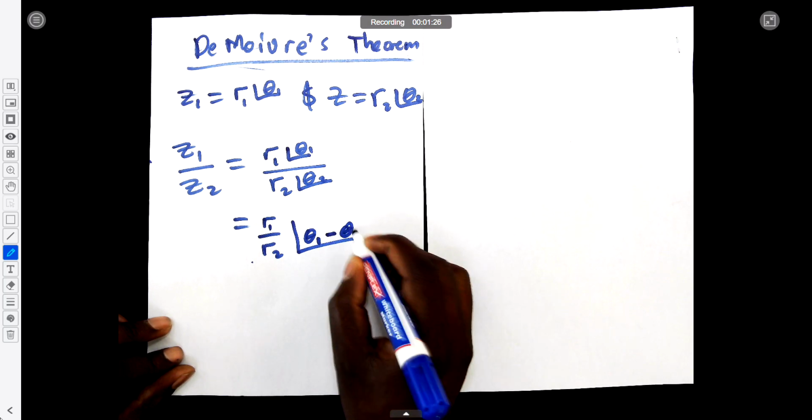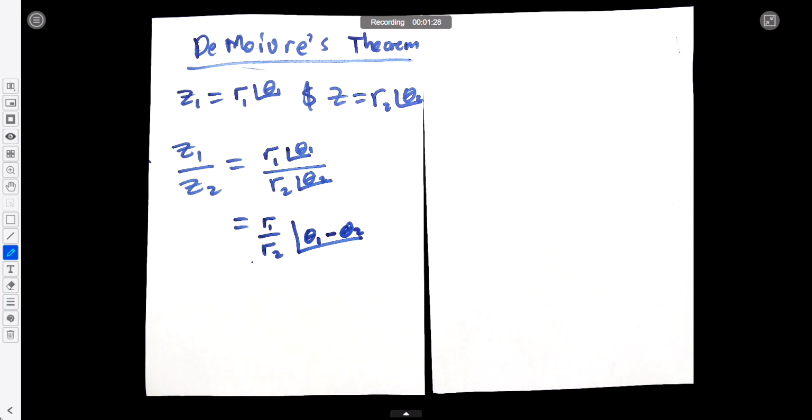So we say theta 1 minus theta 2. That is de Moivre's theorem. So when we have division of complex numbers in polar form, we divide the modulus and subtract the augment, the angles.